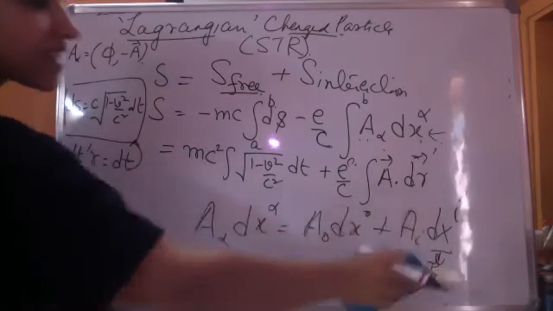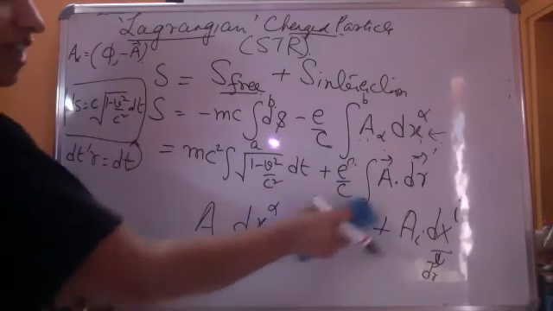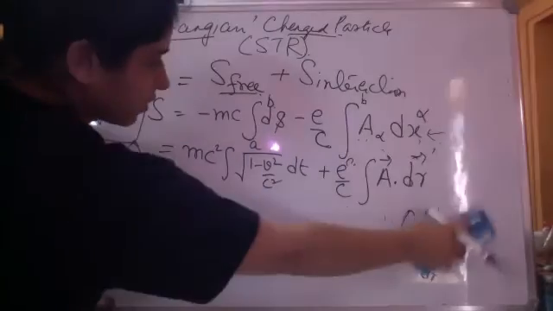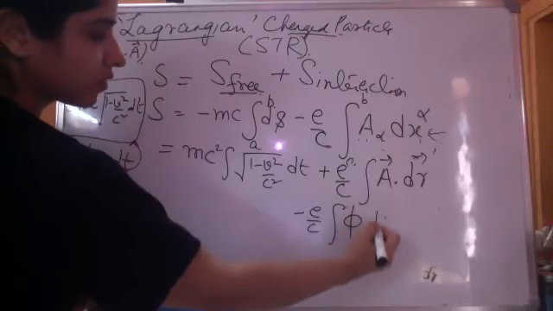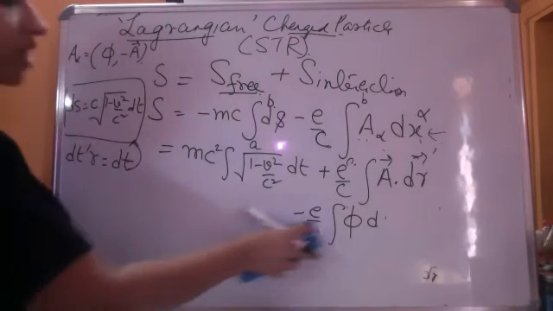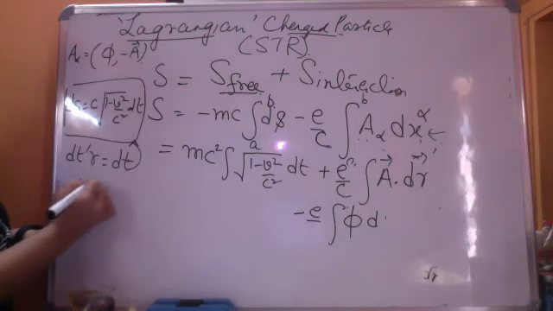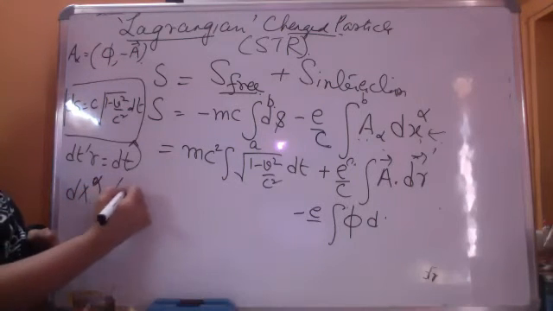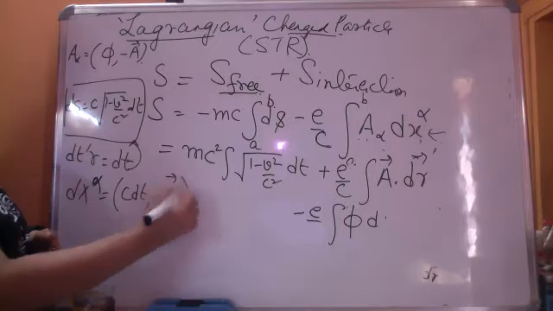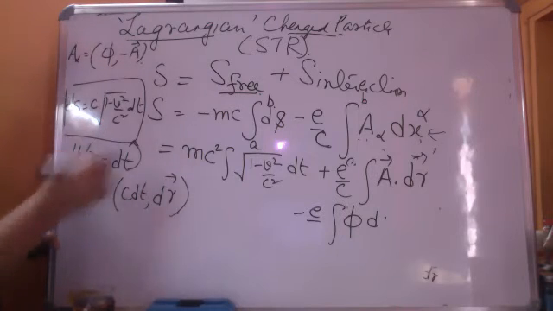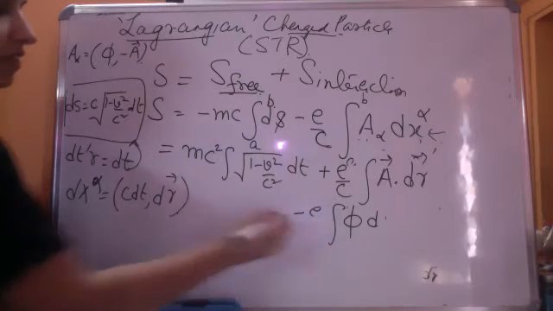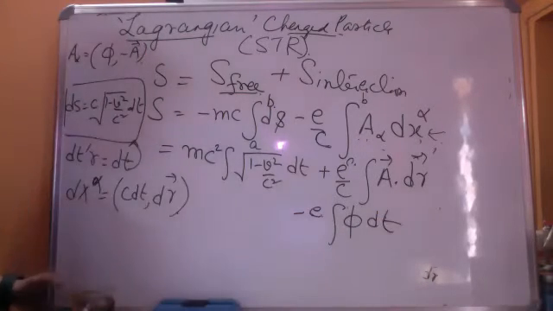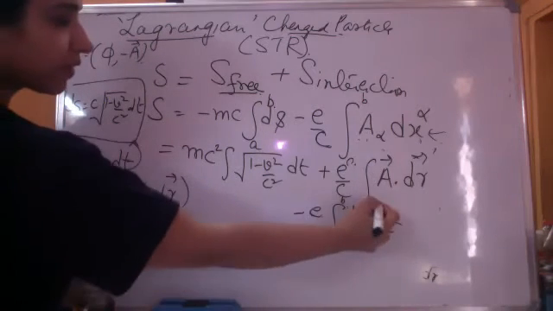So this ai dxi gives me a dot dr, and a0 dx0 gives me, so this c is gone now because dx alpha is c dt and dr. So these are the things that I put here, so I don't get a c here. Instead I get a phi dt, from a to b.